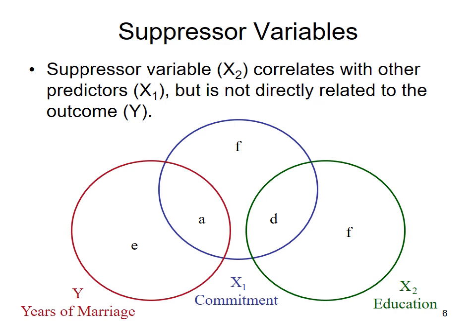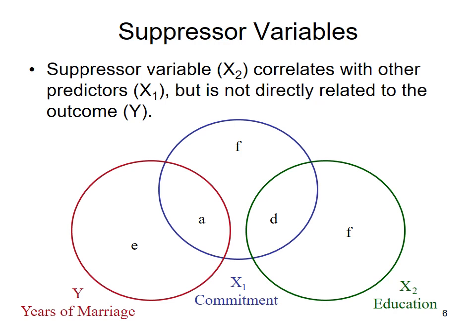If we then put them all in the model and suddenly find that education becomes related to years of marriage, that means it's probably a suppressor variable. Once you put all three in the model, suddenly the model is trying to drag education more into commitment, which makes it then overlap with years of marriage, which is not the actual case.